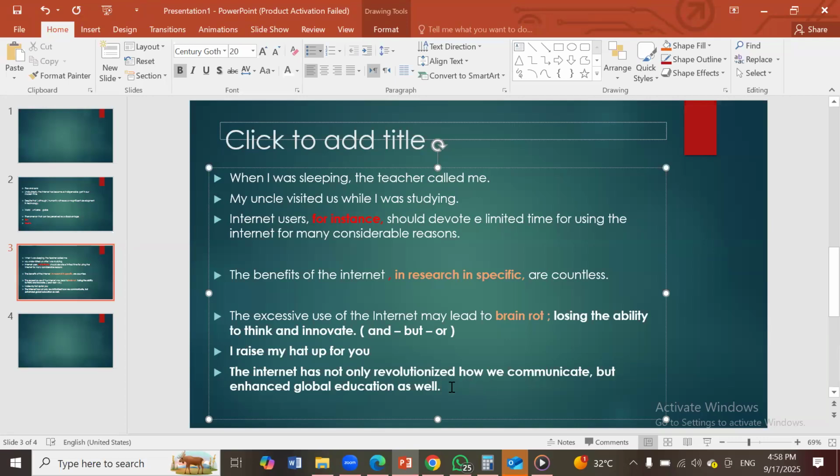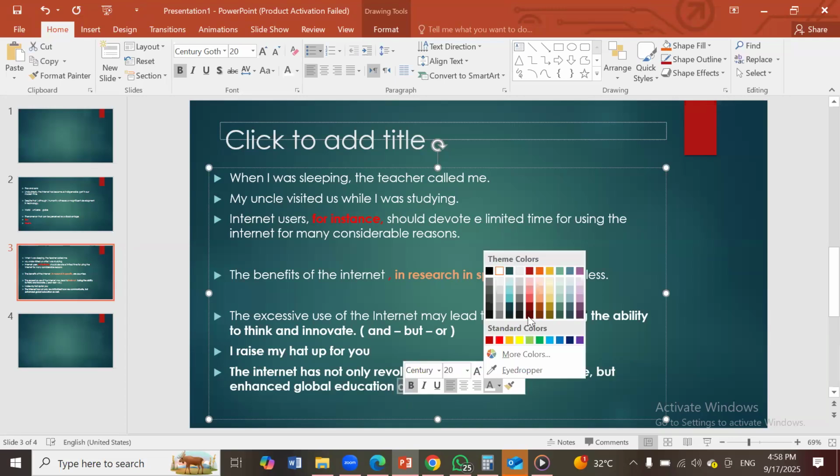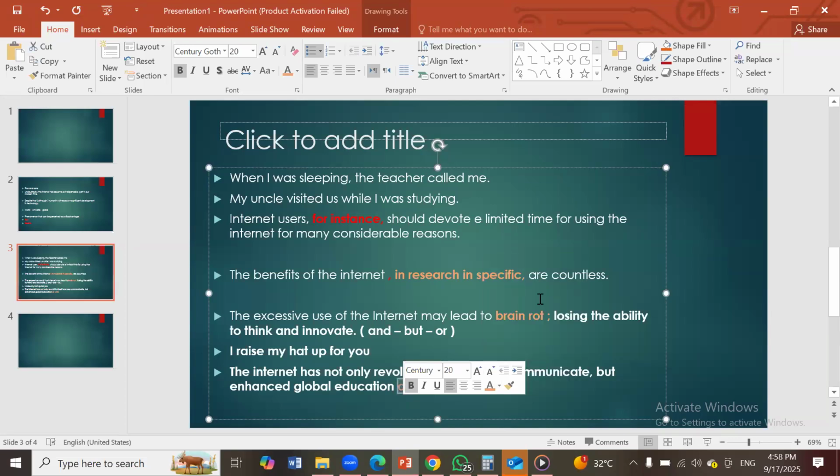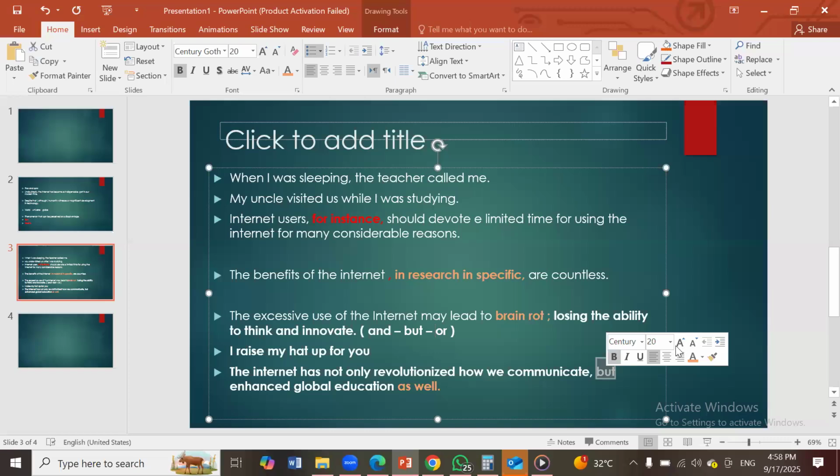This is more advanced than saying not only but also. Did you perceive the usage of not only but also? How can we use it in two different ways? I can say but also enhanced global education.